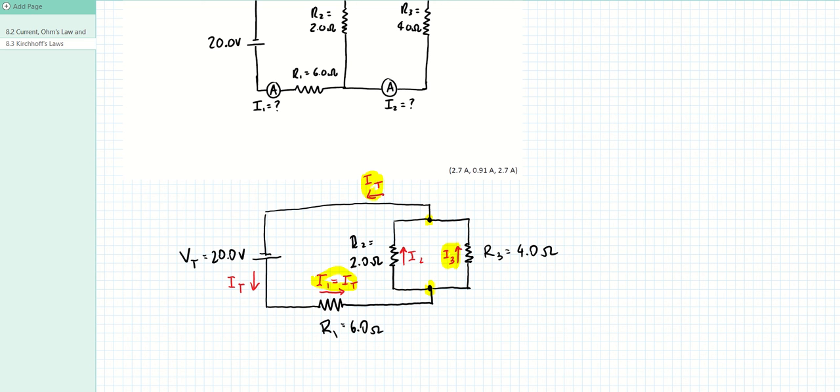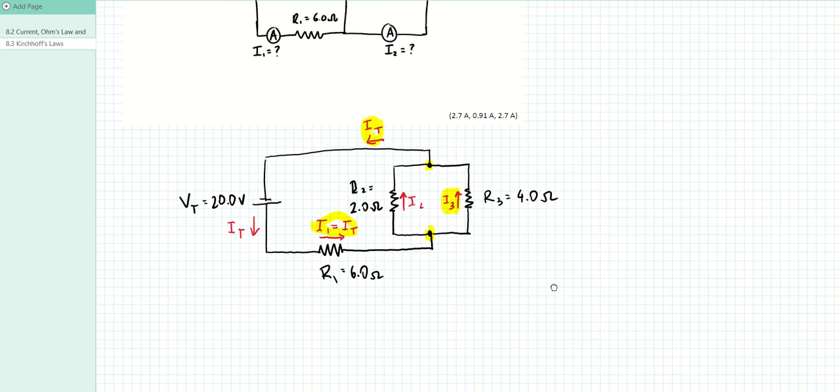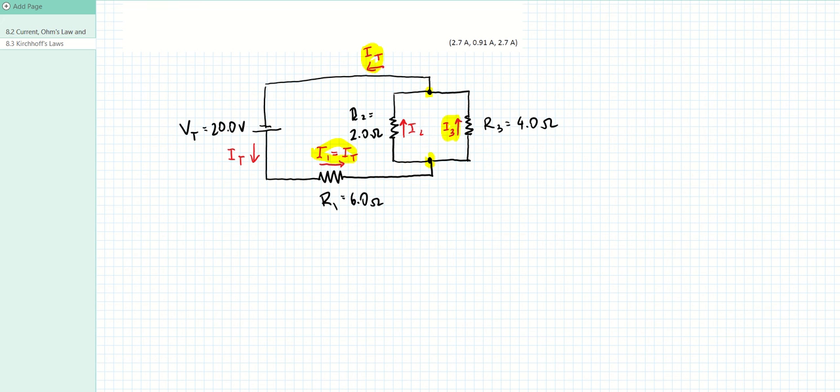So that's the first step. Once you do this, the question should be pretty straightforward. As you can see, we have one resistor in series with two resistors in parallel. So before you start doing any math, before you start writing any of the laws, look at your diagram, look at the current. You know that the current in series has to be the same.